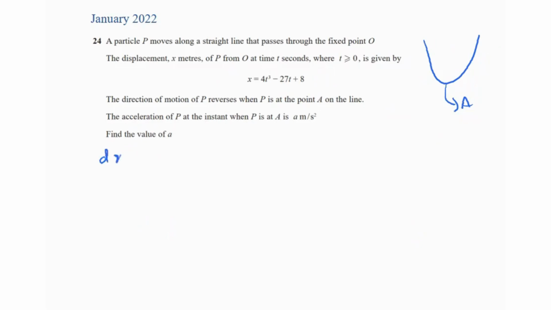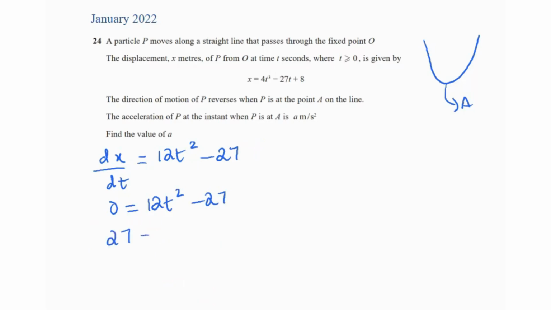So dx over dt is going to be 12t squared minus 27. At point A, the direction of the motion of the particle is changing. That means dx by dt is going to be 0 over here. And using this, we will figure out what our time is at this point.